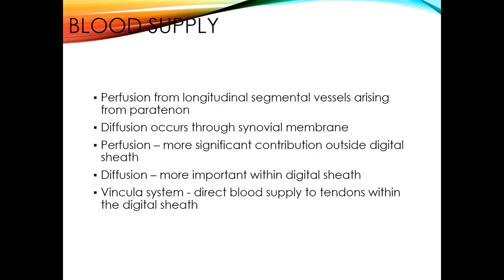Also to note here, this is a reason why when you have zone 2 or zone 1, even sometimes zone 3, but really it's the 1 and 2 flexor tendon lacerations, that I want you to splint them, even if there's not a fracture, because those vincula, while they're very small, can tether the cut end, the proximal stump of the tendon, and prevent retraction, making a repair much easier.